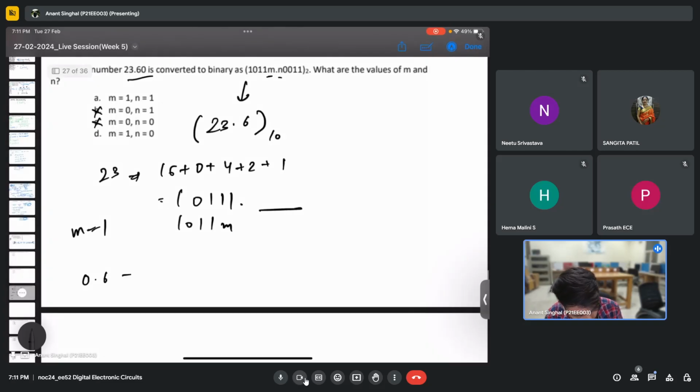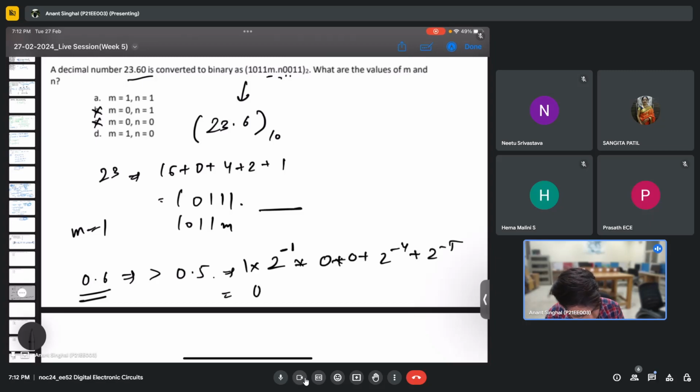So now we have a 0.6 in the decimal. Even for 0.6 I will be requiring 0.5, because 0.6 is greater than 0.5. So I will be starting with 1 times 2 raised to the power minus 1, then 0 plus 0, then minus 1, 2, 3, 4, 5. This will give me 0.5, this will give me 0.0625, and this will give me 0.03125.